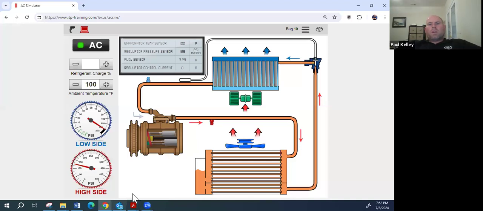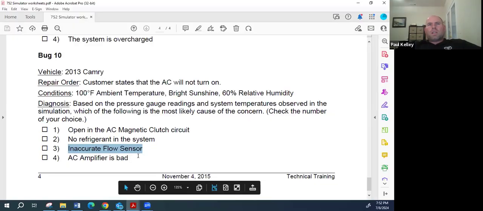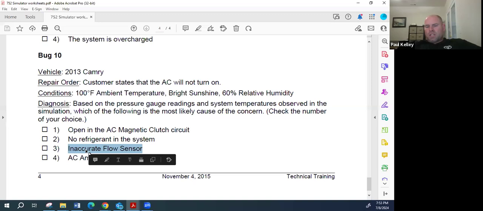How'd you guys feel? That one, if you followed what I'm saying, we're putting in an inaccurate flow sensor. We're not saying an AC amplifier, because we can't verify the AC amplifier is bad if the flow sensor is reading inaccurate and the AC amplifier is commanding 0. It's not the AC amplifier's fault. Make sense?